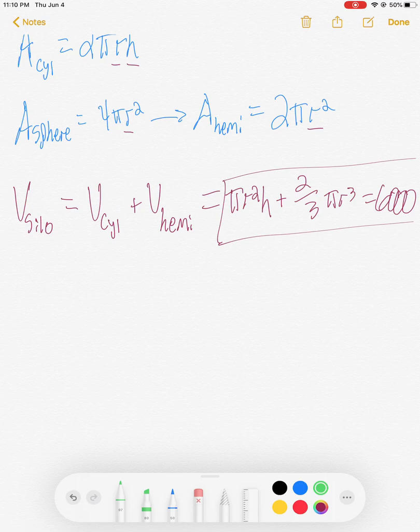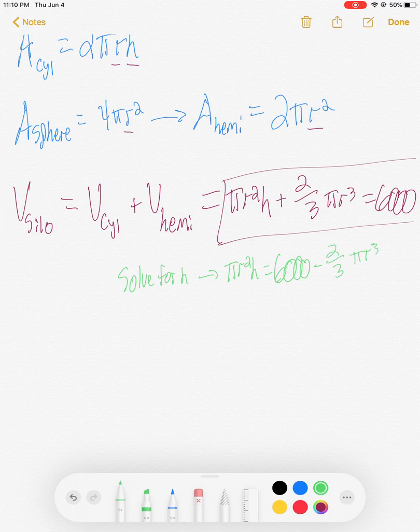Now, just like we did before, we can solve this for one of our variables, and that could come in handy later. So let's go ahead and solve this for h. I'm mainly solving for h because it looks easier than r. I've got an r squared, I've got an r cubed. It would get kind of messy.